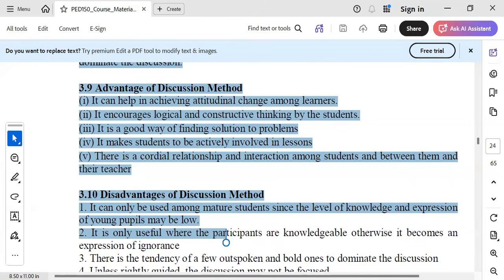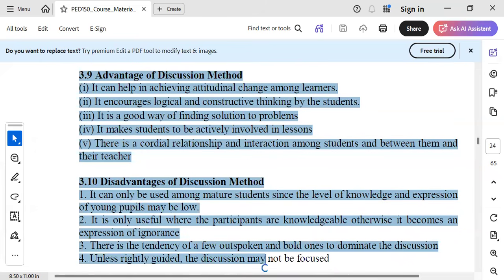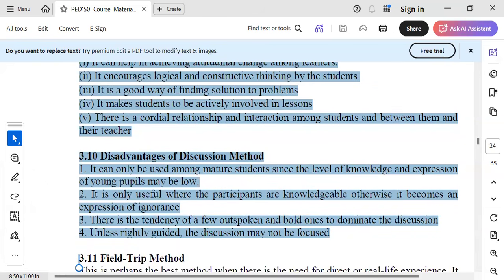Otherwise, it becomes an expression of ignorance. Now, there is a tendency of a few outspoken and bold ones to dominate the discussion. So, unless rightly guided, the discussion may not be focused.